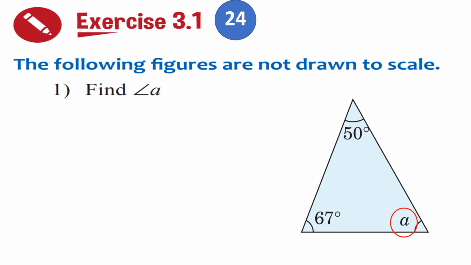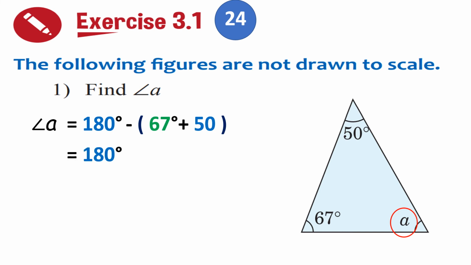To solve for angle A, 180 is the sum of all angles of the triangle, and then you subtract the angle 67 and 50. Then your answer is 180 minus 117... you get angle A equals 63 degrees. This is your answer for number 1.